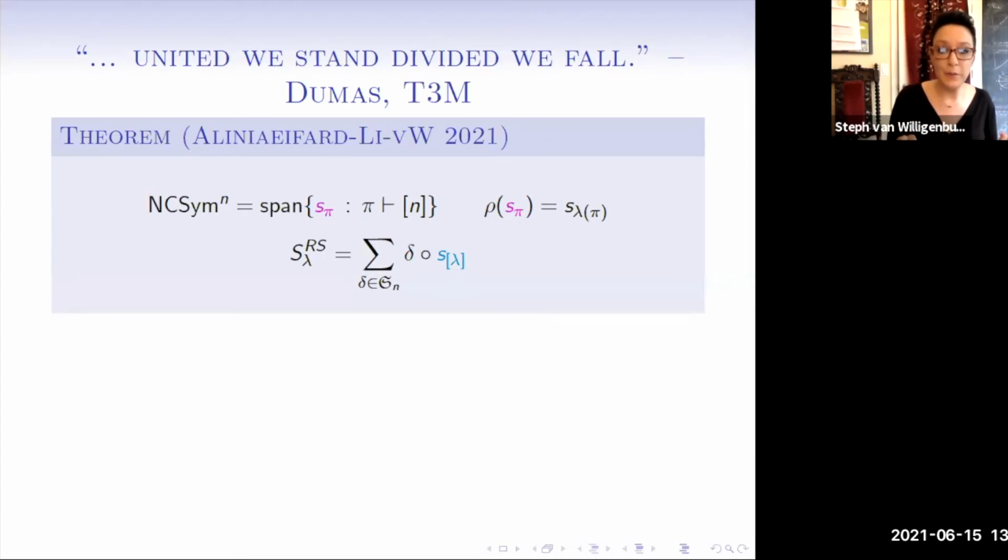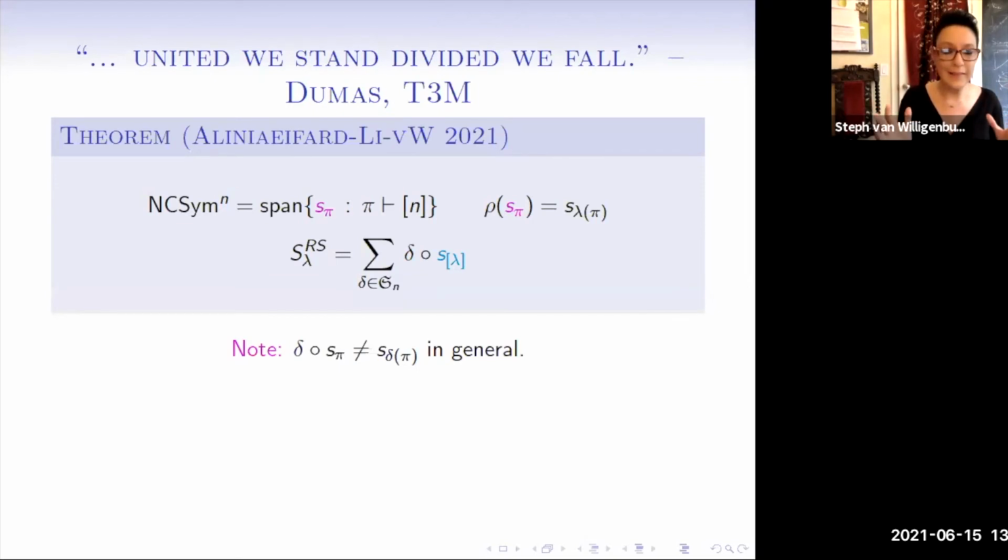And just as we would want, if you let the variables commute, you recover the classic Schur functions. And if you take your source Schur function and let delta act on it, over all permutations in your symmetric group, and you add them all up, you actually recover the Rosa-Sagan Schur functions. Now, the sad thing is, unlike those other bases, delta of S pi is not equal to S delta of pi in general.